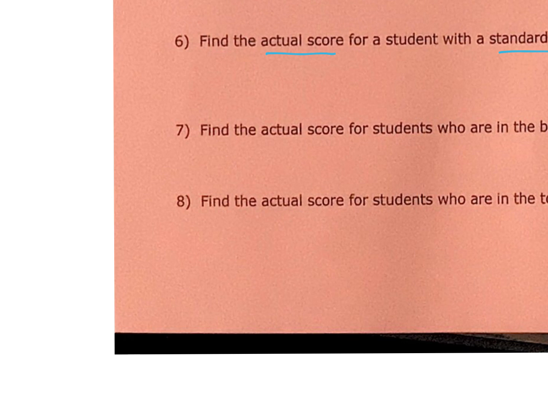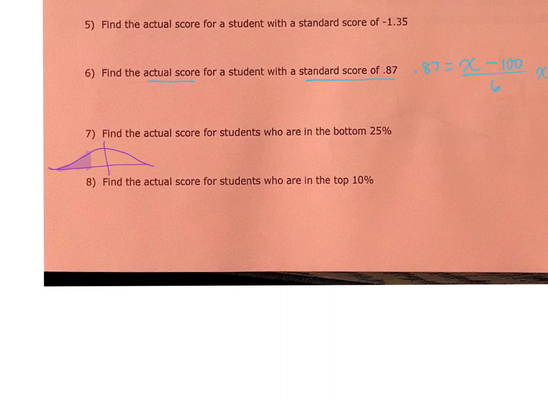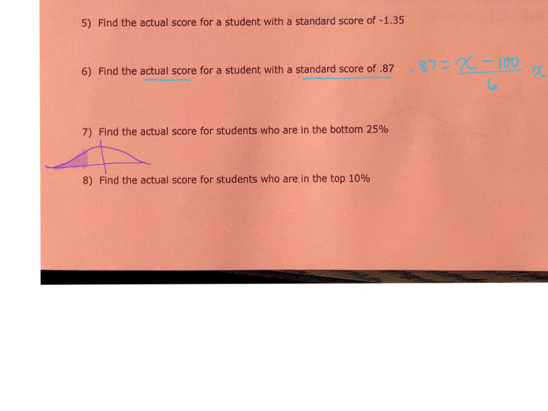So visually, I want you to think about what that means. If we're at the bottom 25%, we're somewhere down in here somewhere, right? So the first thing that we're going to need to do is figure out what the corresponding z-score is, and then from there we can take that z-score and plug it in to get the actual score.